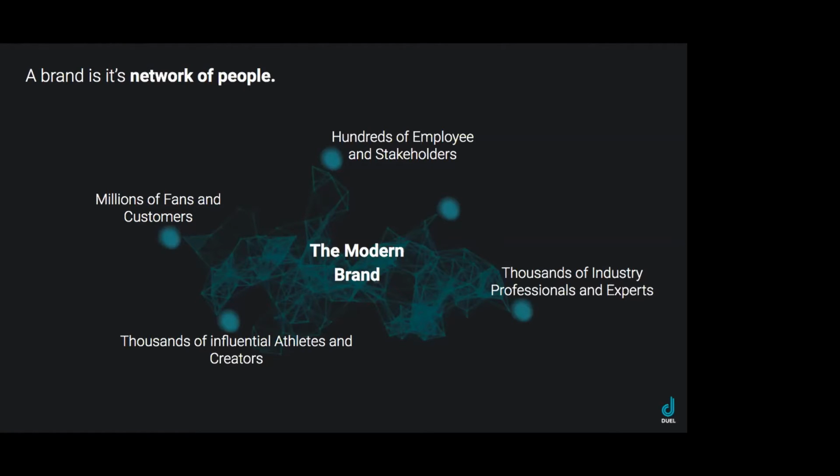What you are is actually a node in a network. If you think about this in your own lives, you might know 1,000 people across the course of your life, and each of those people will also know 1,000 people, and that puts you one person away from 1 million people. So it's the same as a brand.